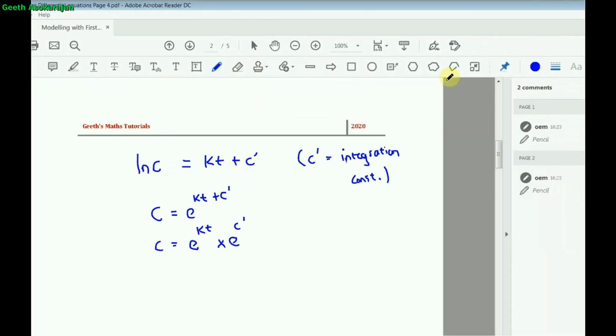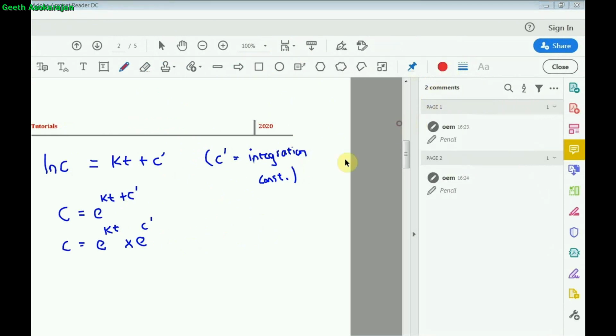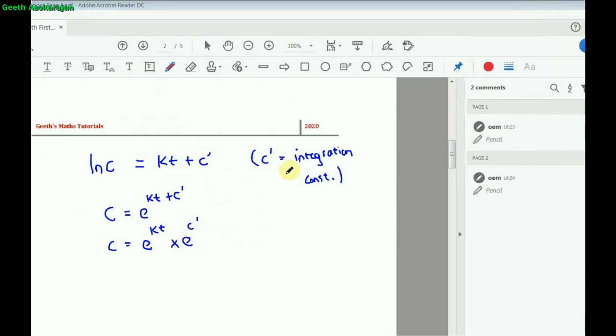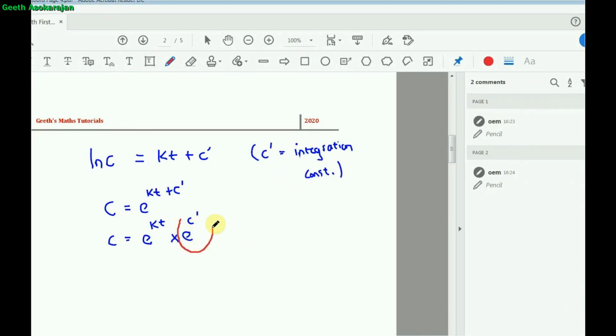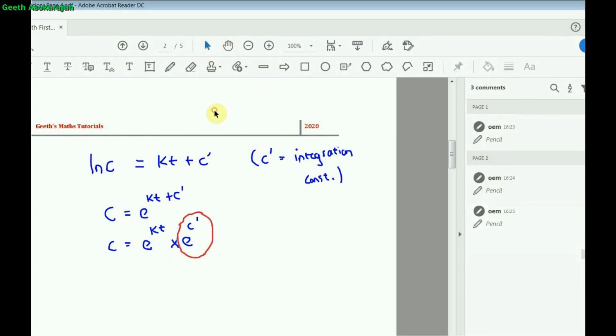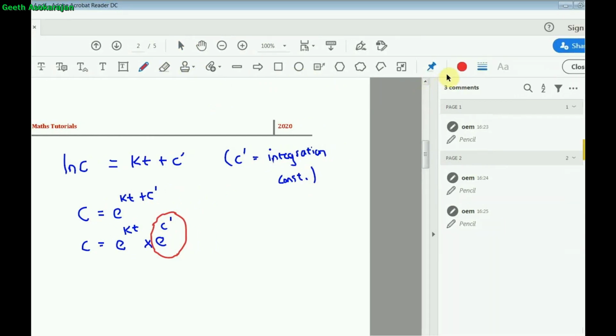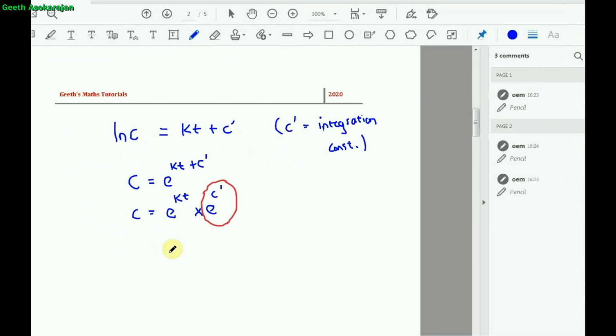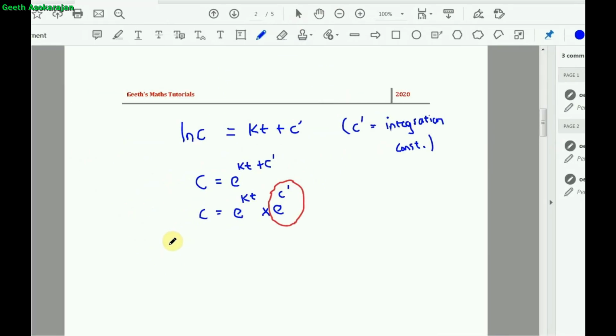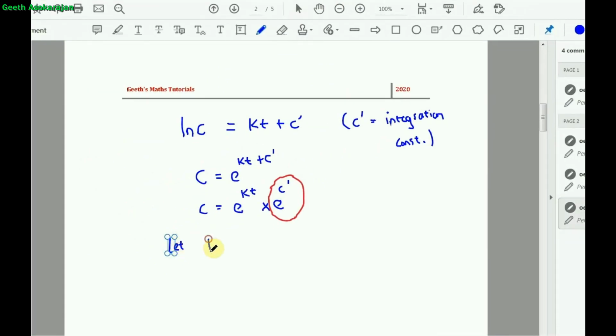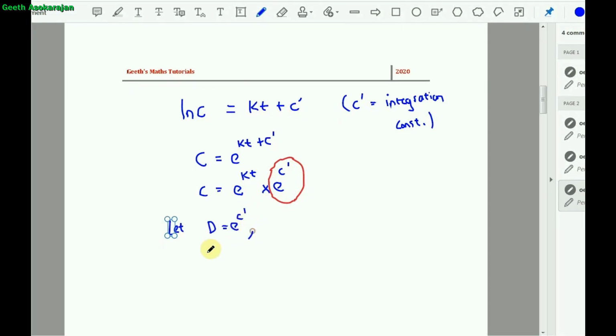Further to that, c dash is an integration constant, so e to the c dash is also a constant. We can replace e to the c dash by another constant, which I'm choosing to be capital D.